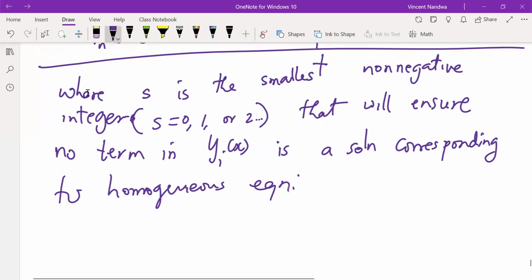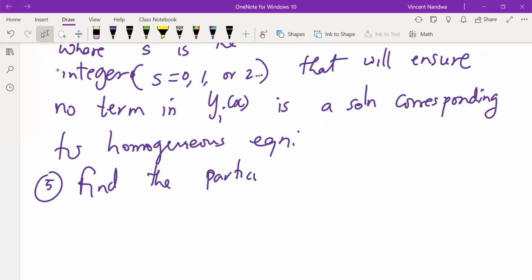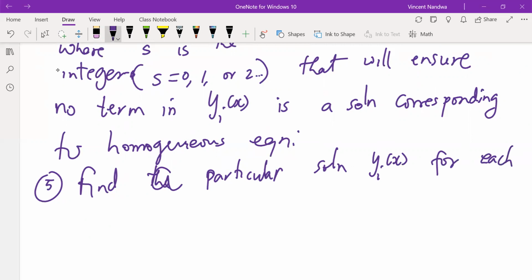And then number 5, find the particular solution. Find a particular solution, yi of x, for each of the sub-problems.